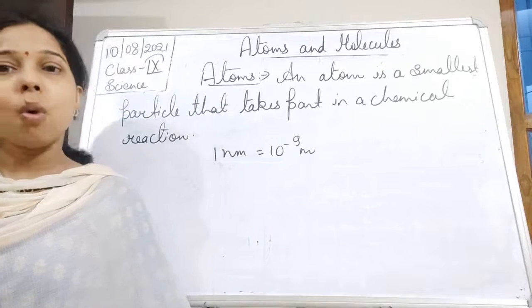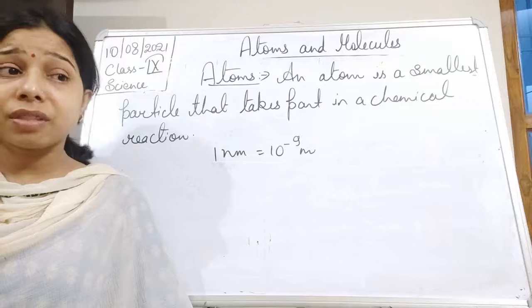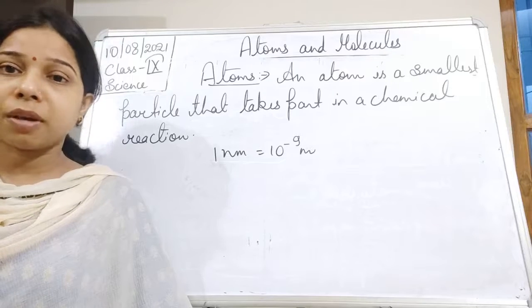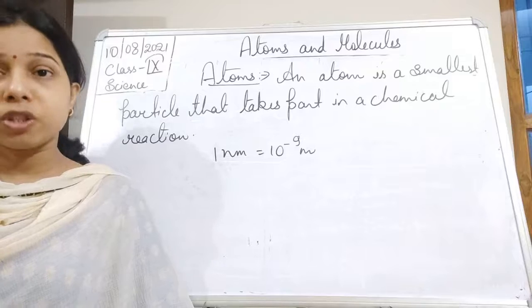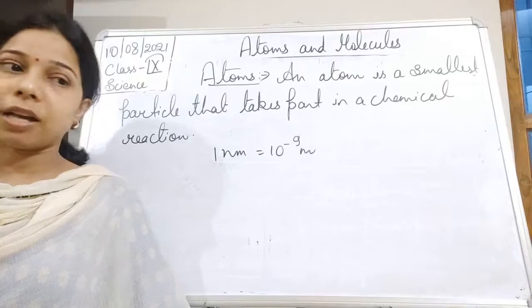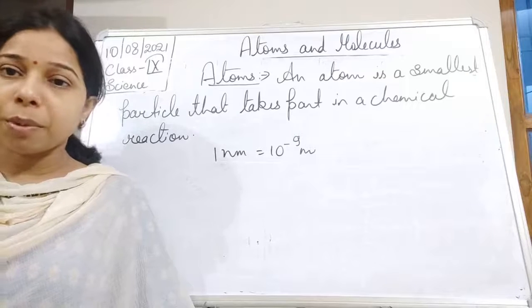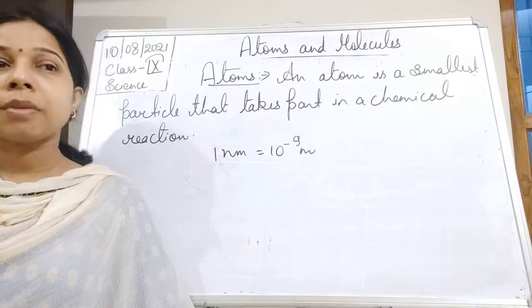So we have gone through all the drawbacks and we have seen which postulates are disregarded or have drawbacks. Isobars, isotopes are there, and the discovery of the subatomic particle is also there.